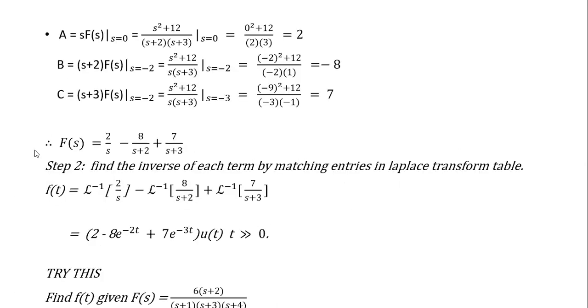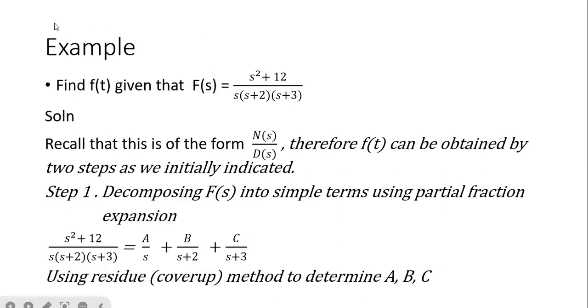Now, if we apply the cover-up method, we're looking for A, which will be equivalent to s times F of s, when s is 0. It's important you see how this method is applied. In this case, we look for how to eliminate s. One way to eliminate s is to make s zero.